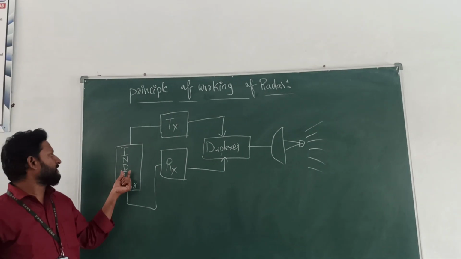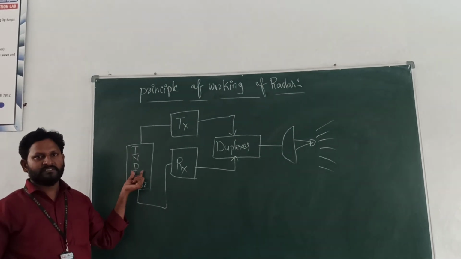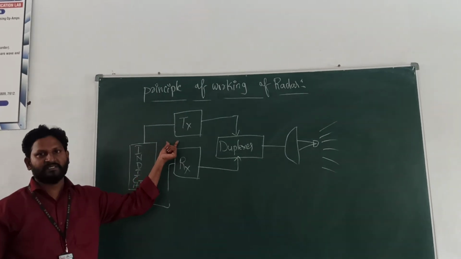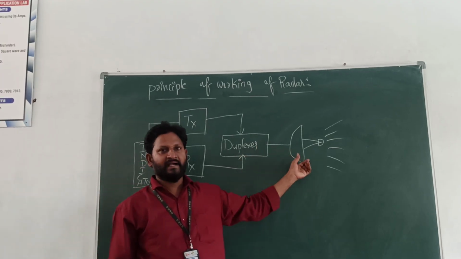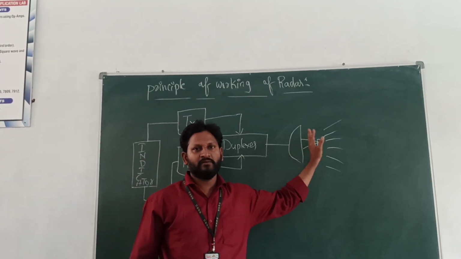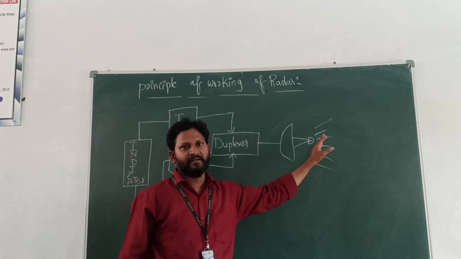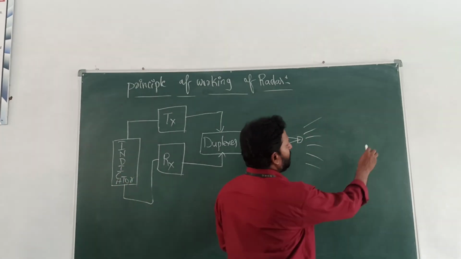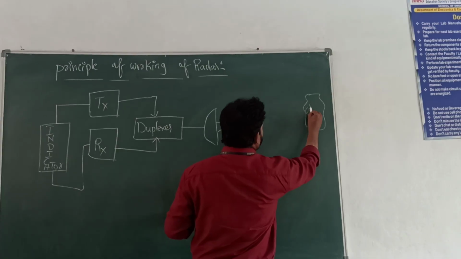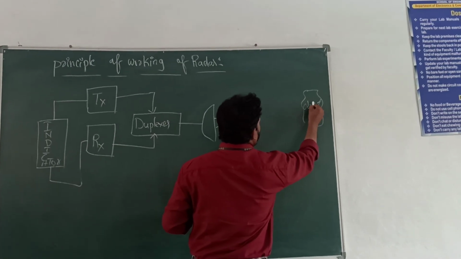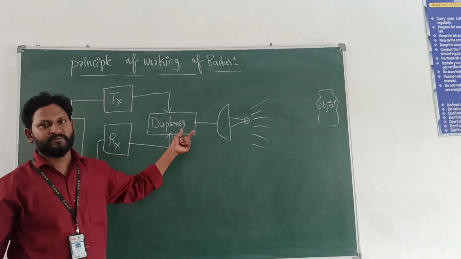Here the indicator produces the signal which has to be transmitted through the duplexer to the antenna. This antenna transmits the signal into the air. Here we are going to find the object. Whatever object is there is tracked by our transmitted signal.